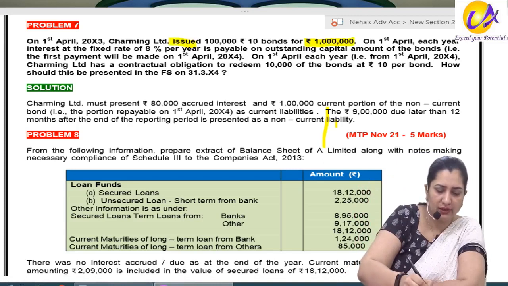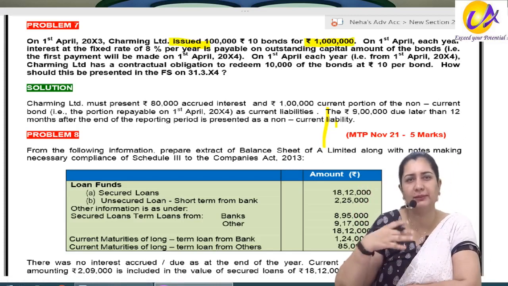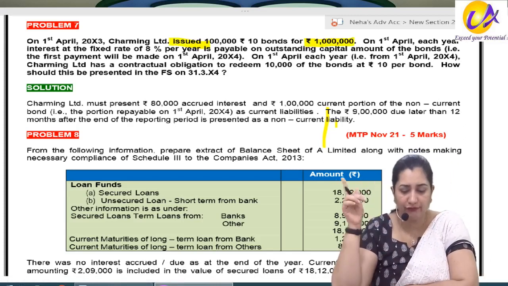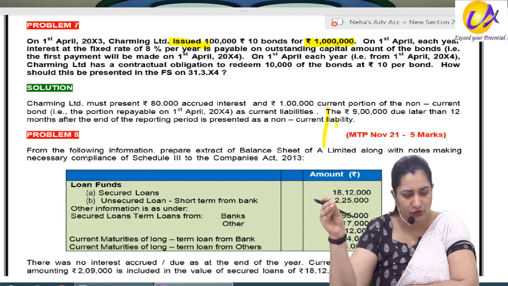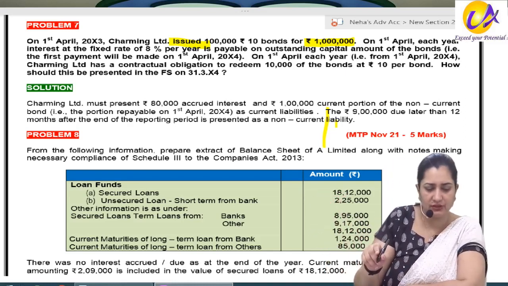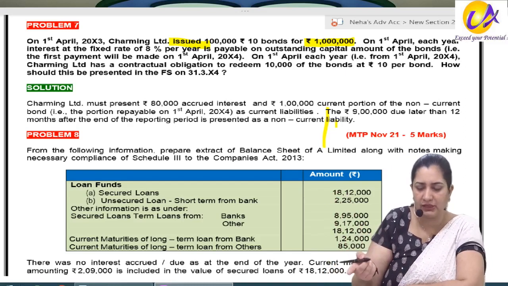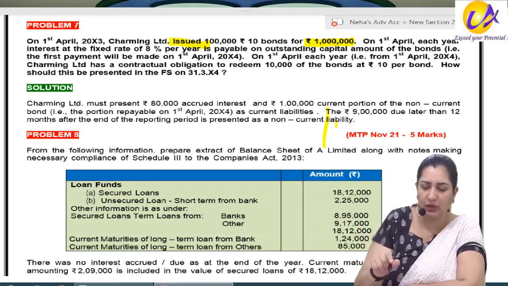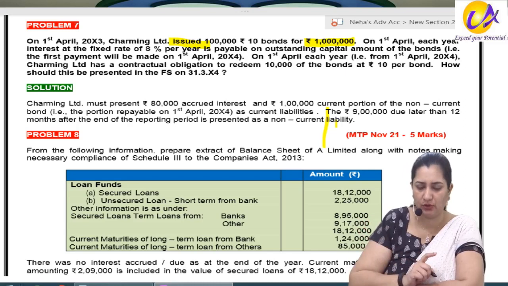So when we issue bond, it is a liability, like bond debentures issued. On 1st April each year, interest is payable on the amount outstanding. So first amount will be paid on 1st April X4. On 1st April each year, they also have an obligation to redeem 10,000 bonds at rupees 10 per bond.